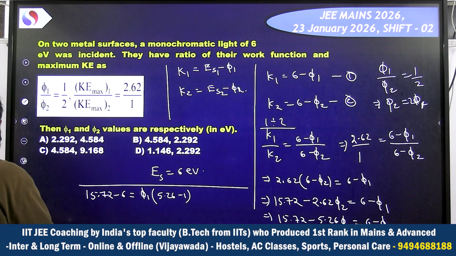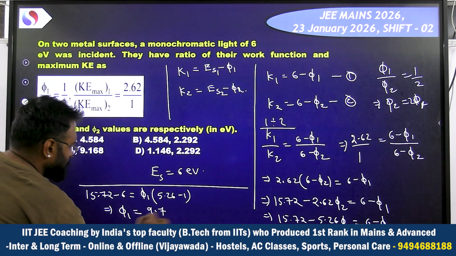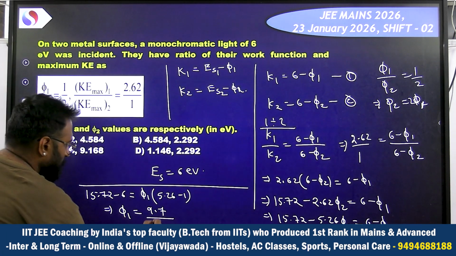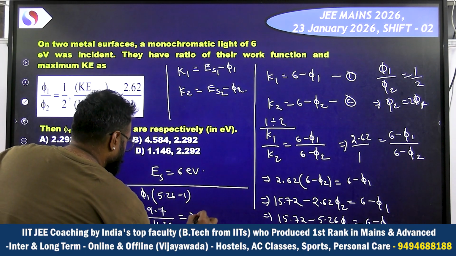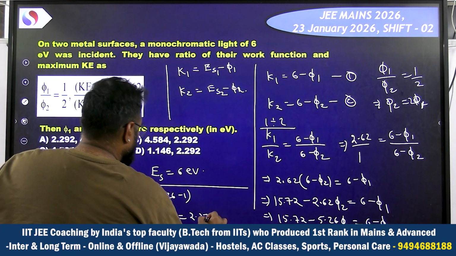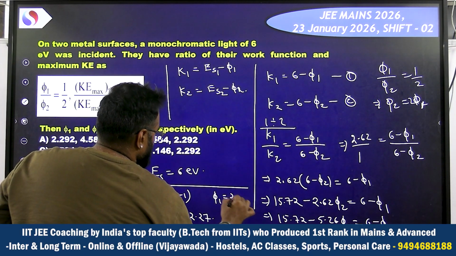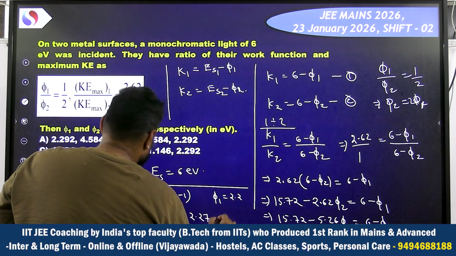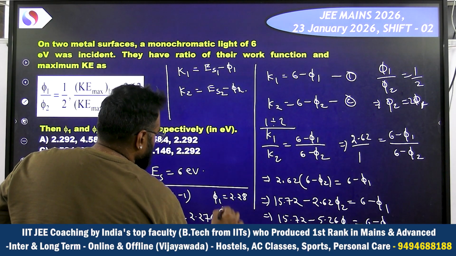So 15.72 minus 6, it is 9.7 divided by 4.26. So this is how much? 2.27. So phi 1 is 2.28, 2.29 nearly. 2.276. So let us say 2.28.